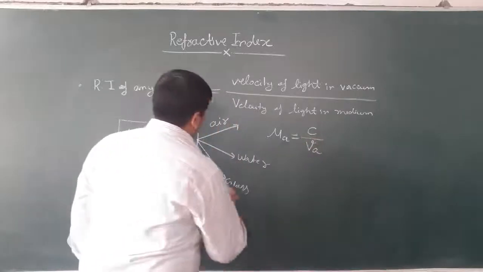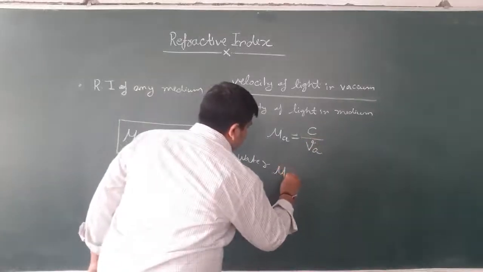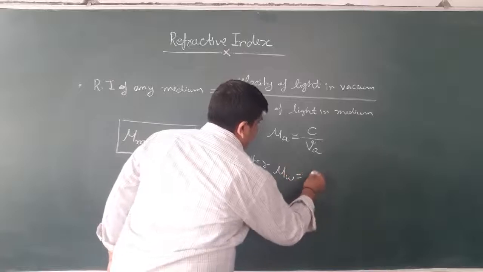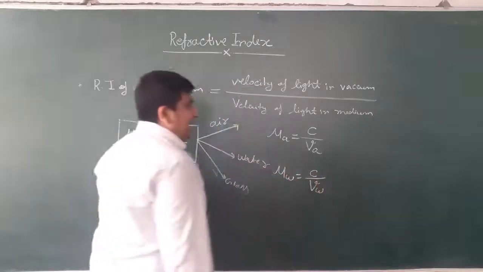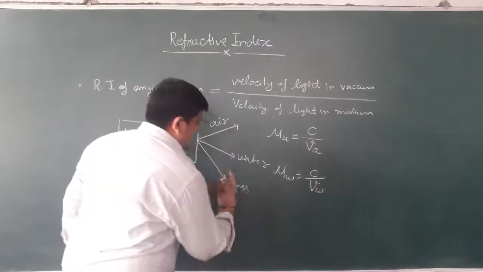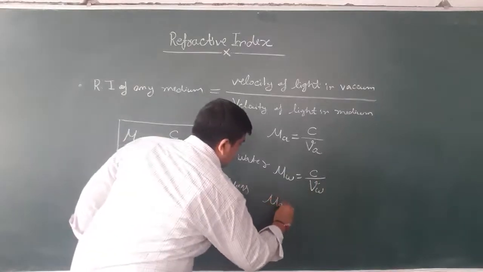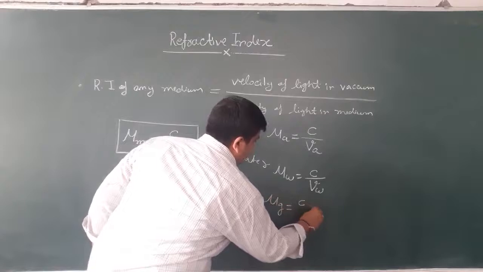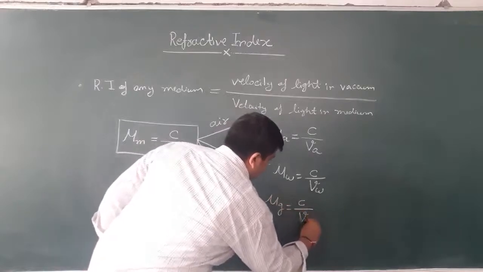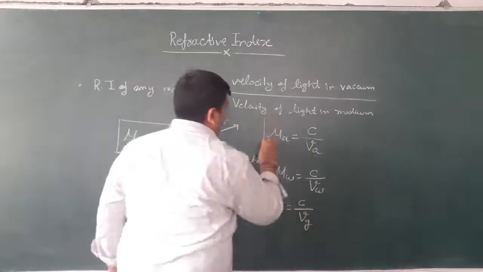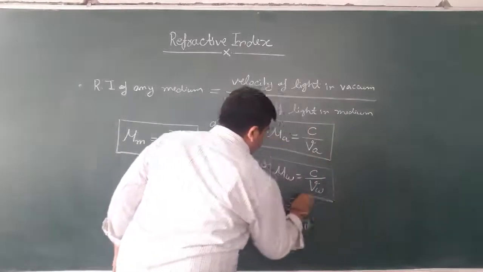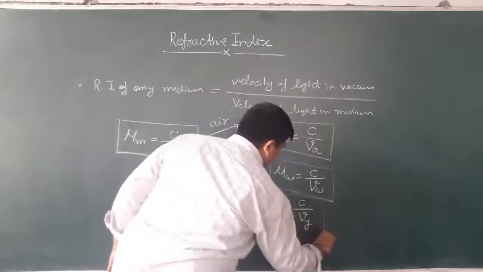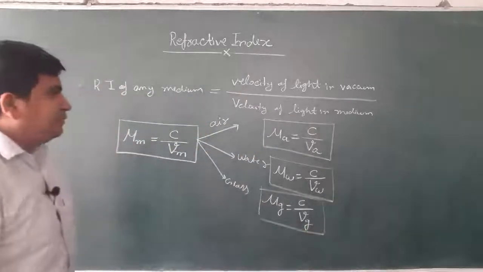If we talk about the refractive index of water, then it is the speed of light in vacuum to the speed of light in water. And similarly for glass, the speed of light in vacuum to the speed of light in glass. So these are the formulas for refractive index for different media.